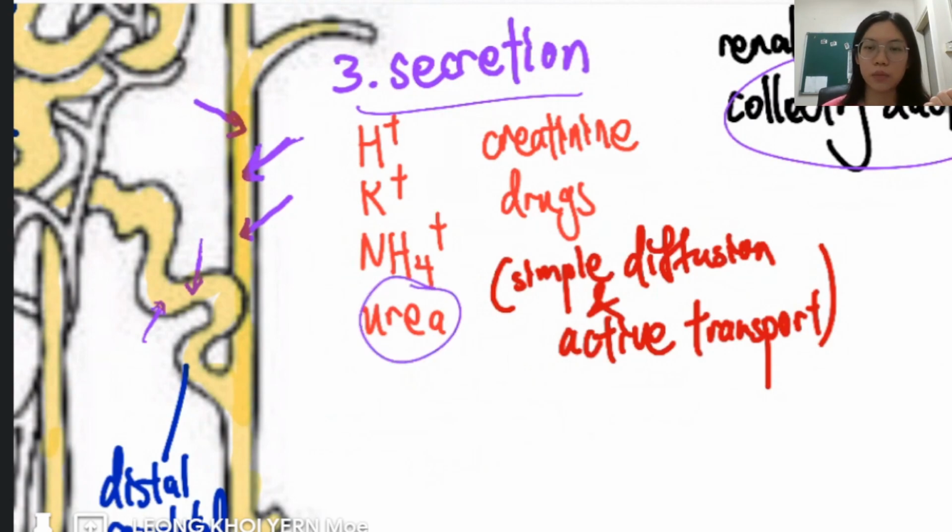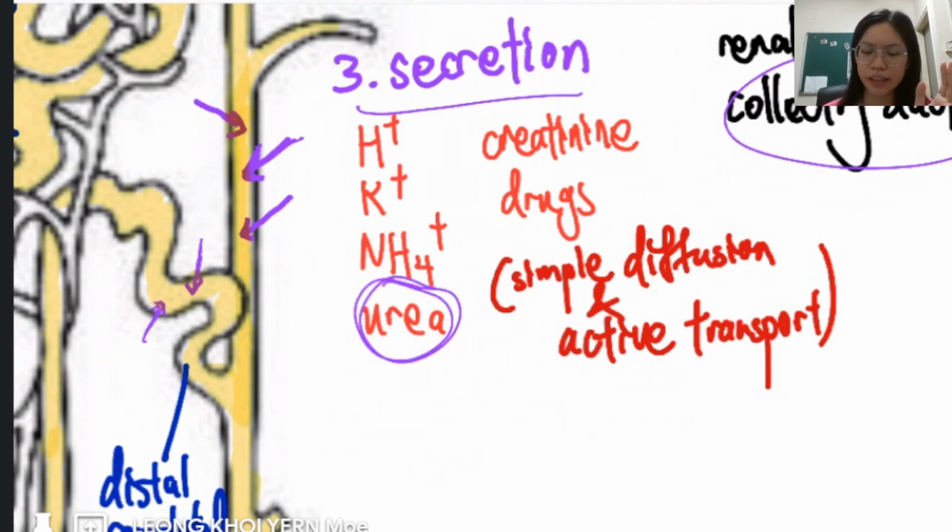Urea is the product of deamination. When your body has too much excess amino acid, it will be broken down via deamination by your liver cells to become urea. This urea is toxic, so it'll be secreted out and discharged in the form of urine.